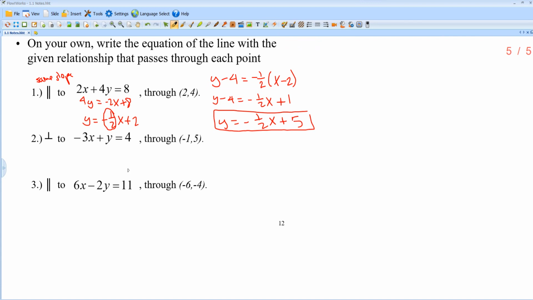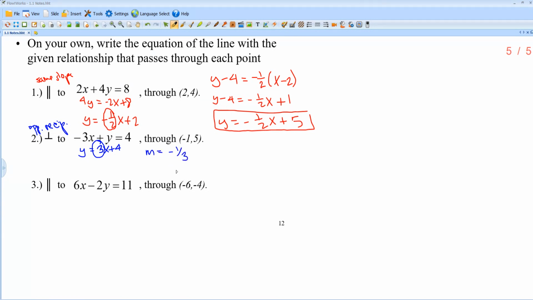Let's switch our color real quick. We want something that's perpendicular. So perpendicular is going to mean that we're going to have an opposite reciprocal slope. And I spelled reciprocal wrong. We need to find the slope of this. We get y equals 3x plus 4. Our slope here is 3, which means the slope that's going to be perpendicular is negative 1/3.